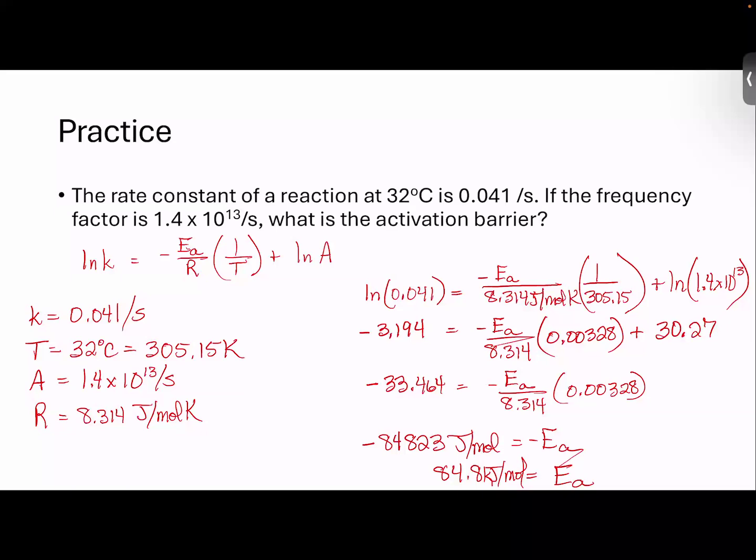So let me explain some of this math. First of all, from reactants to the top of the curve, the difference between that is 84,823 joules, or 84.8 kilojoules per mole.